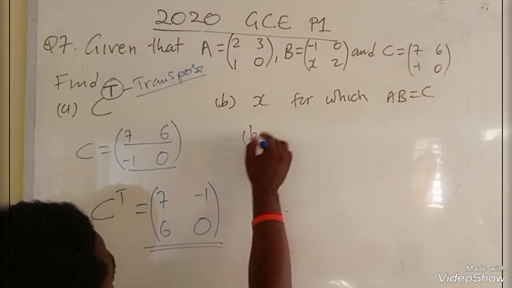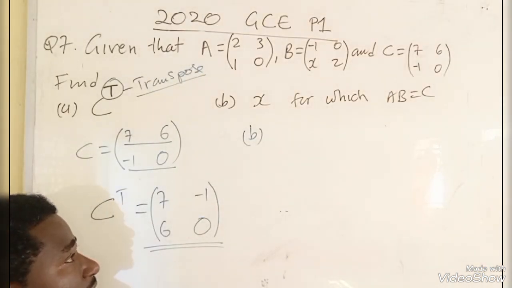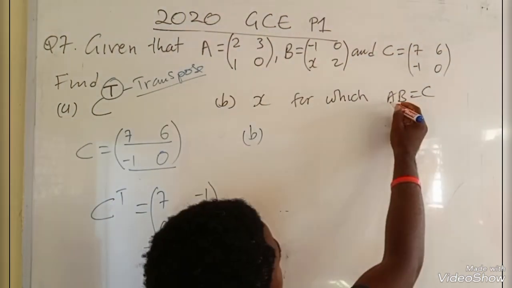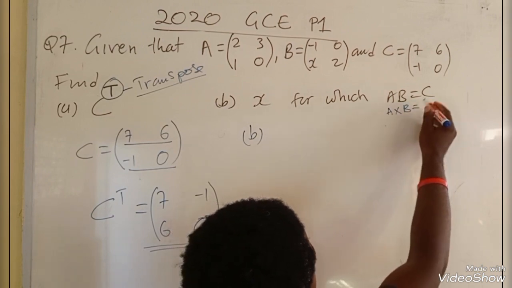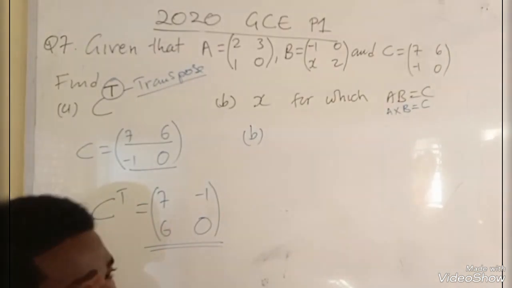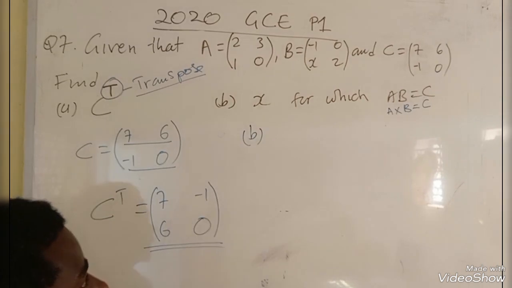Part B: find x for which AB is equal to C. This simply means you need to multiply matrix A times matrix B. The result is matrix C. We are going to arrange according to the order that we have been given.